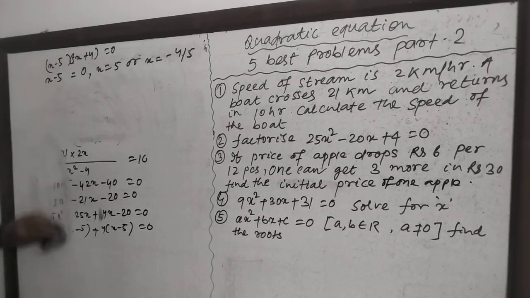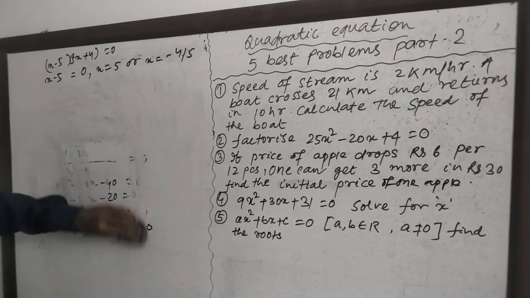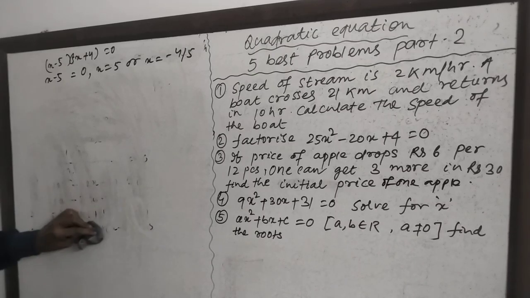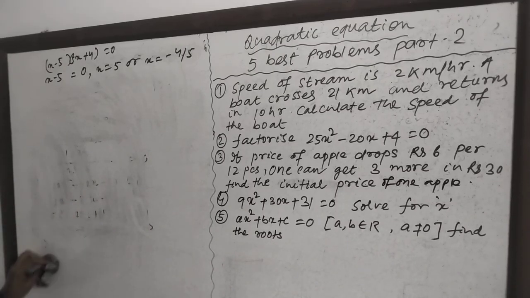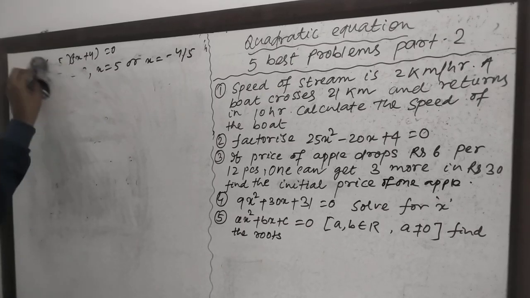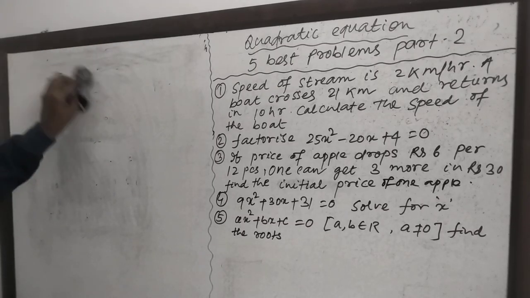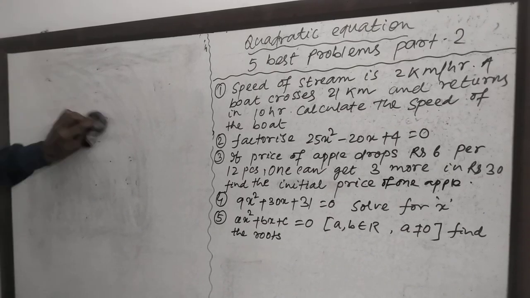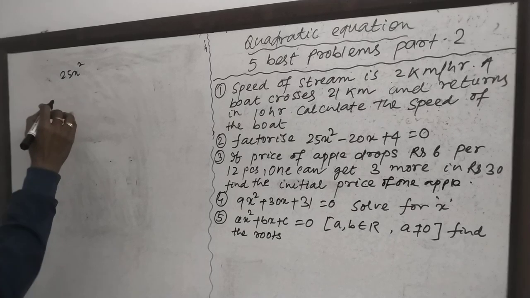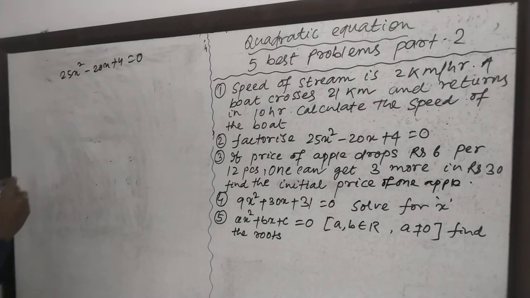Now the second question: we will factorize 25x square minus 20x plus 4 equal to 0.